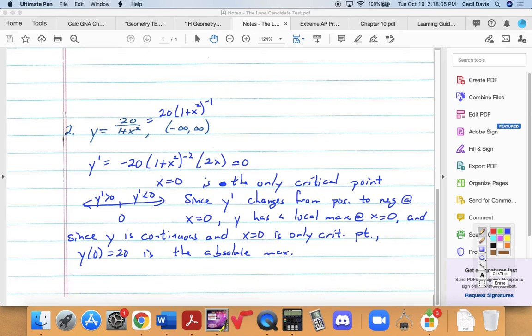And again, because it's an open interval, the extreme value theorem does not guarantee that we'll have minimums.